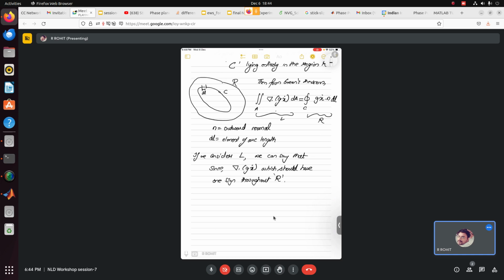So this value on the left hand side should be a non-zero value.